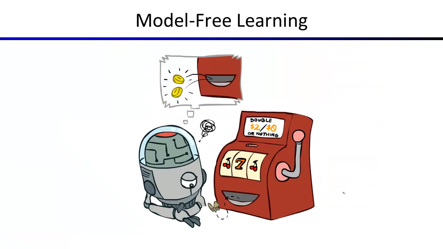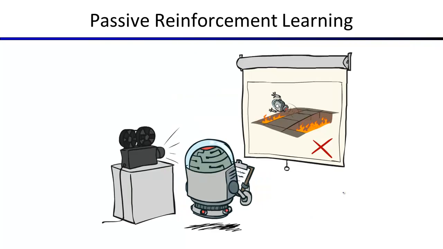Model-free learning in the context of reinforcement learning. First we'll make another distinction here, passive learning versus active learning. In passive learning, it's like watching a video of something going on and learning from watching that video. You're not in control of what's happening.